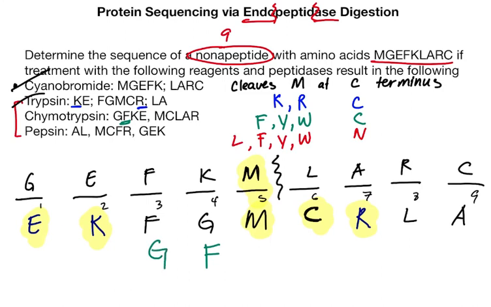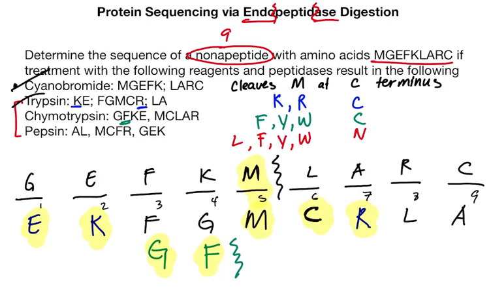And this is already sure, right? Because we've already used the rules for cyanogen bromide and chymotrypsin, and they turn out to be correct. We still don't know whether this is LA or AL. Why? Because when we cleaved off here, for chymotrypsin, we're still left with a pentapeptide, right?